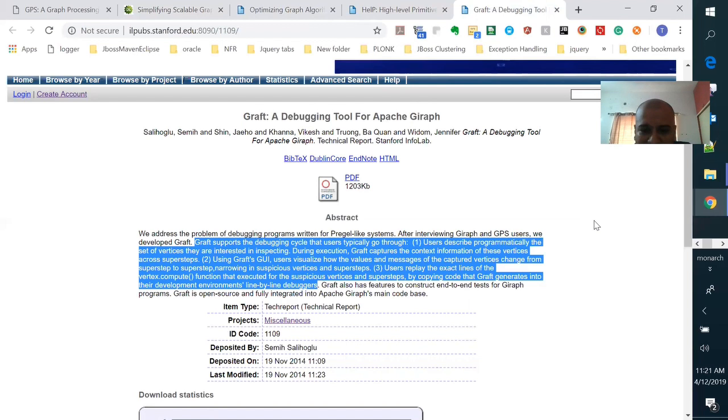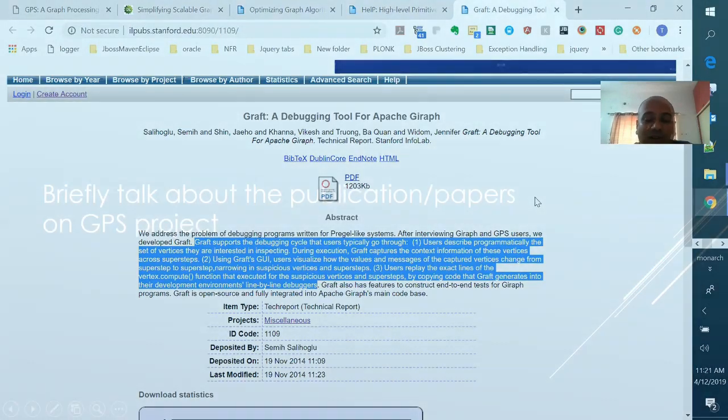Users replay the exact lines of the vertex.compute functions that execute for the suspicious vertices and supersteps by copying code that Graft generates into the development environment's line by line debugger. So this is a debugging tool.